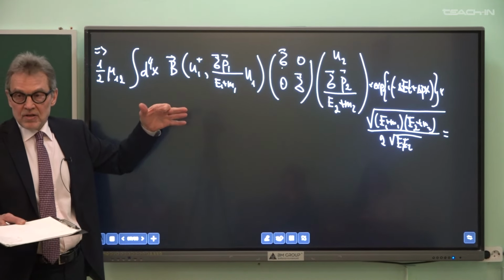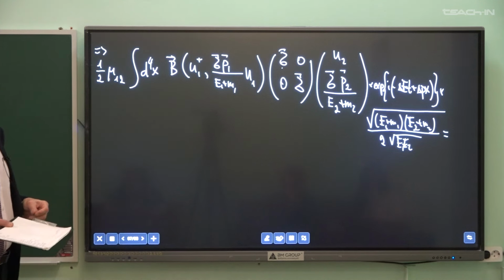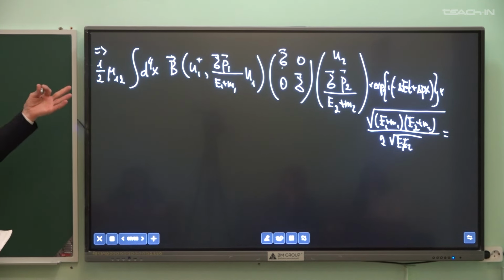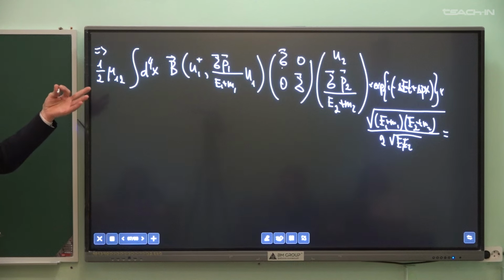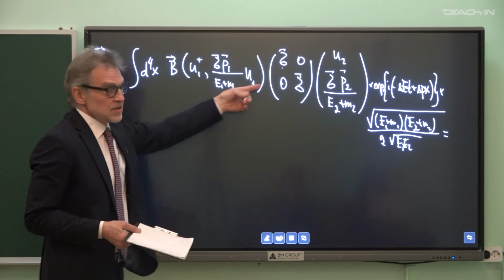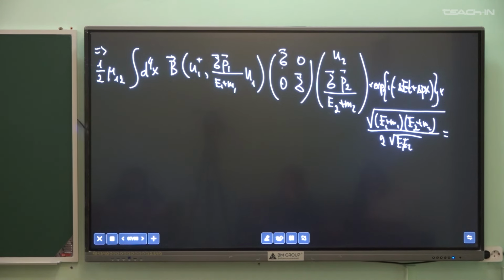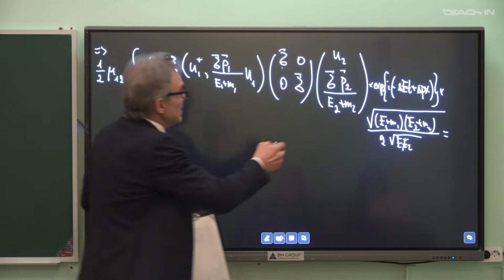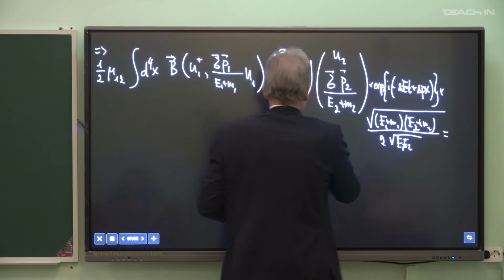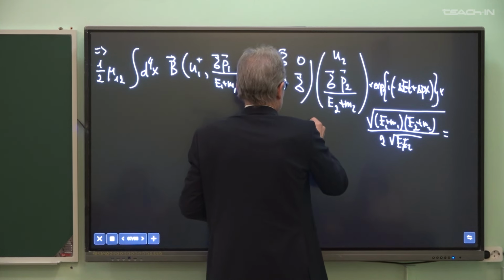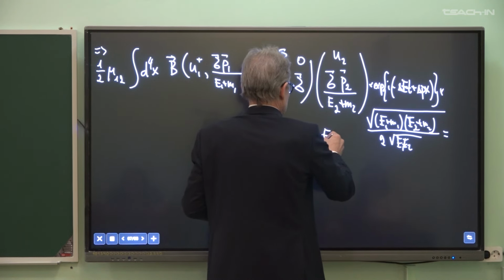In general, it's a 4x4 matrix. We shall calculate for a particular choice of these indices and then generalize it for other terms of this evolution Hamiltonian. Here, this delta E is E2 minus E1, and delta momentum is momentum 2 minus P1.